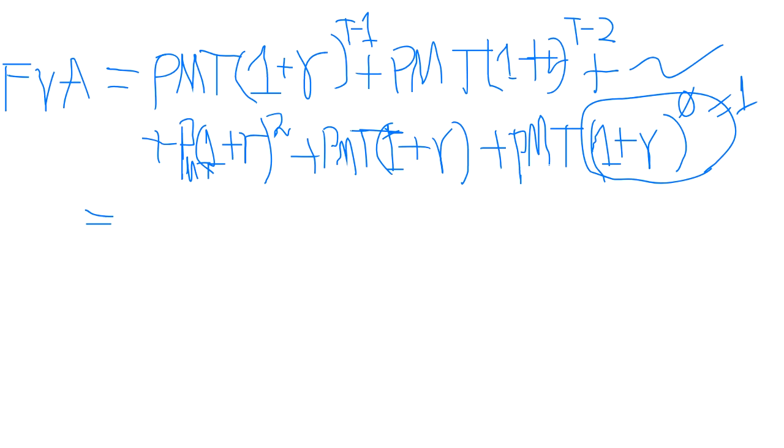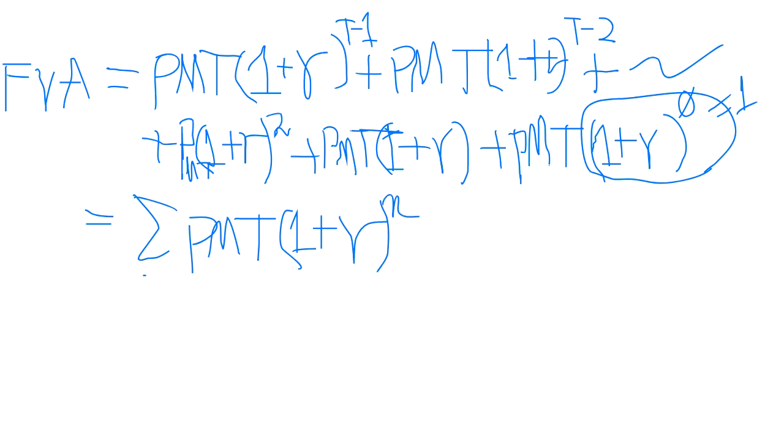So we know better. Is there a better way we can do this? Yes, of course. We use the summation sign, summation notation. So we're summing up all payment times 1 plus r raised to n, where n runs from 0 to T minus 1, terminal T minus 1.